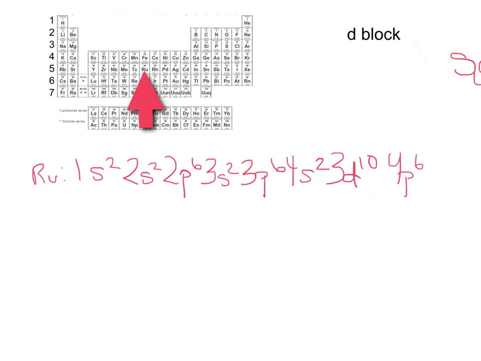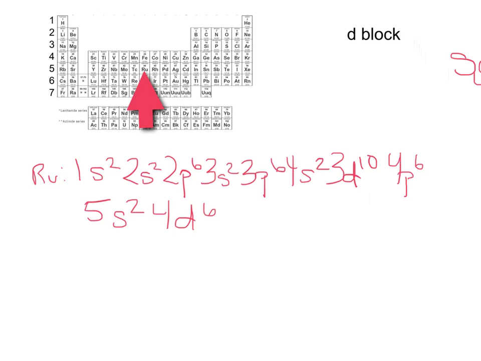I'm going to write this on the next line. 5s2. And now I'm done my 5s. I'm going to go into d block, which means I have to subtract 1. So this is going to go to 4d. And then I have 1, 2, 3, 4, 5, 6 over to go. So this is going to be 4d6.